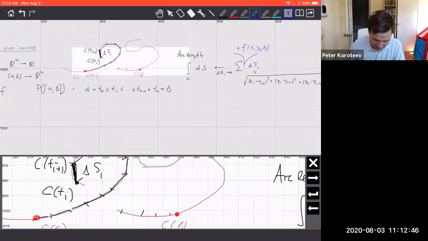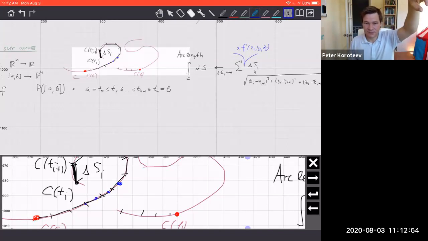It only takes into account values of the function on that curve. It's a natural generalization of the Riemann integral, only now its support lives on this arc, on the curve in 3 dimensions.